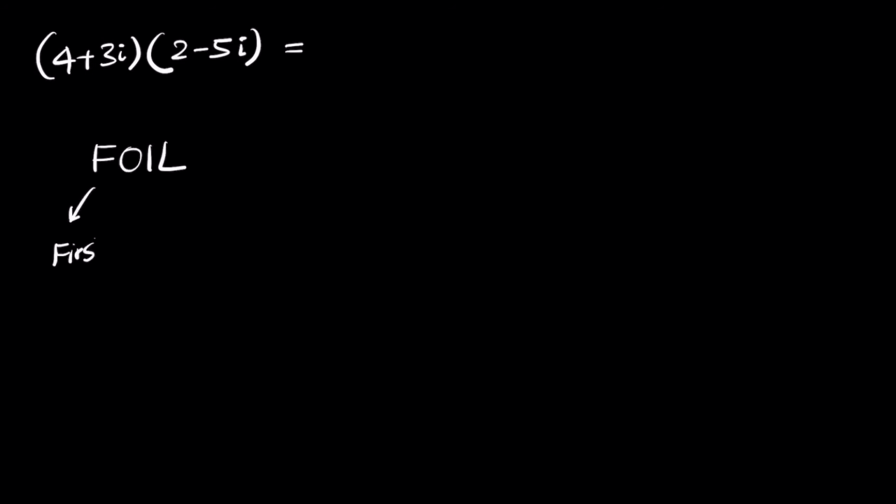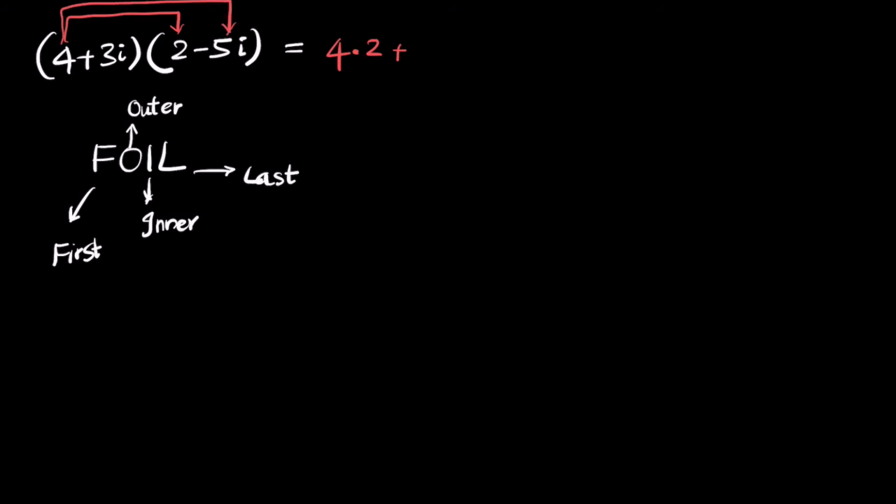The first terms, outer terms, inner terms, and last terms. The first terms are 4 and 2, so 4 times 2, plus, next the outer terms are 4 and minus 5i, plus 4 times minus 5i.